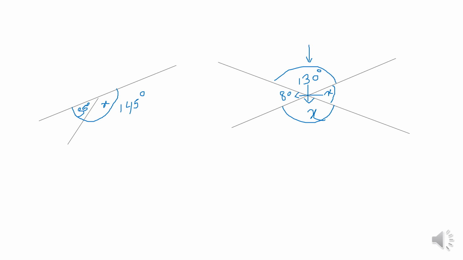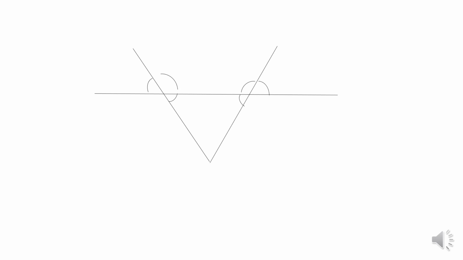Let's move on. A final example, and I like this example. Nothing to be scared about. If I label here 55 degrees and I label here P and Q, I label here R and S, and here is 55 degrees. I would like to find P, Q, R, S. How do I do this?